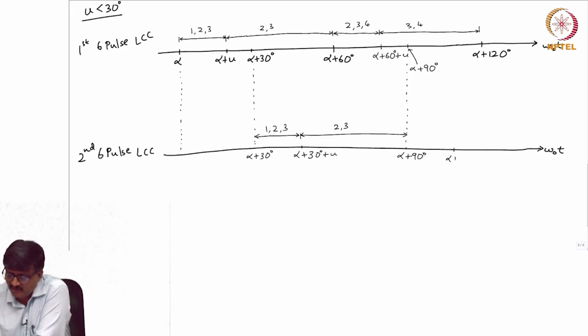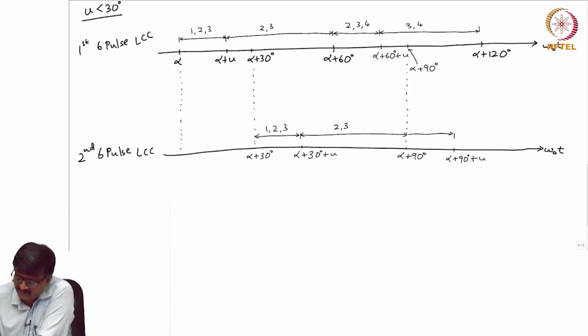Then I also show alpha plus 90 degrees plus u. So, from alpha plus 90 to alpha plus 90 plus u, valves that conduct are 2, 3, 4. Then after that it is 3, 4.